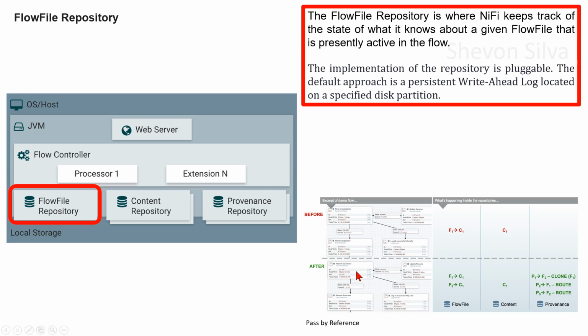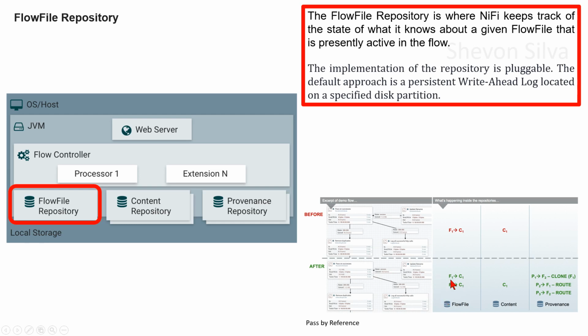And in the after state, UpdateAttribute interacts with a queue, and the queue is connected to RouteOnAttribute here, and RouteOnAttribute interacts with queues, and a queue is connected to DetectDuplicate here, and RouteOnAttribute interacts with a queue here, and the queue is connected to LogAttribute.